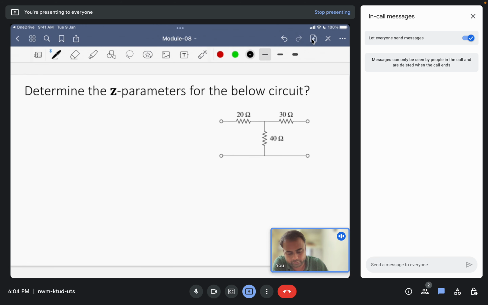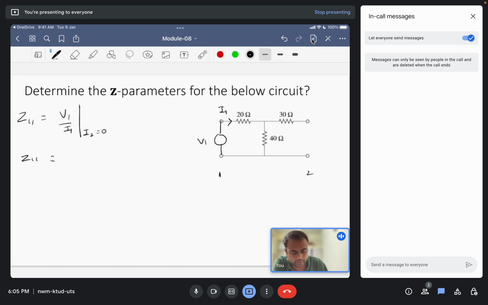Z11 is V1 by I1, given that there is no current at port 2. If we call these port 1 and port 2, this is an open circuit case here, so no current will flow through the 30 ohm resistor. So we can write Z11 equal to V1 by I1. Here we are attaching a source V1 and there is a current I1.